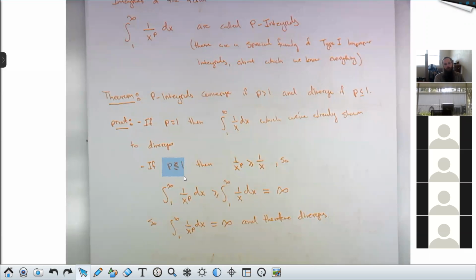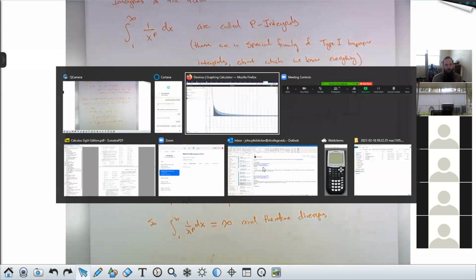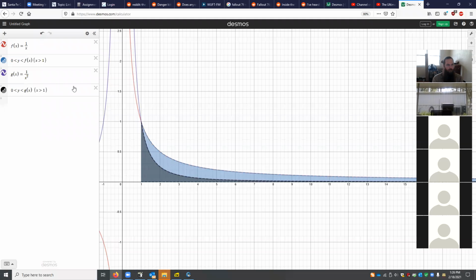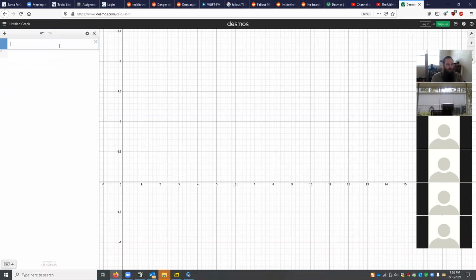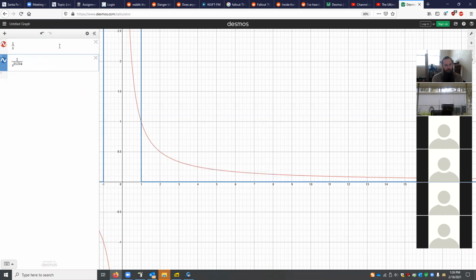If the power p is less than 1, then x to the p is smaller than x. Let me show you what I'm talking about here. Let me look at some simpler cases. So here's 1 over x to the 0.1234.